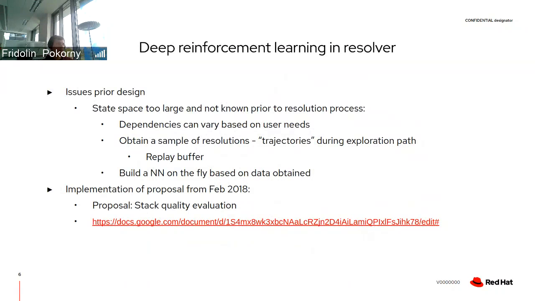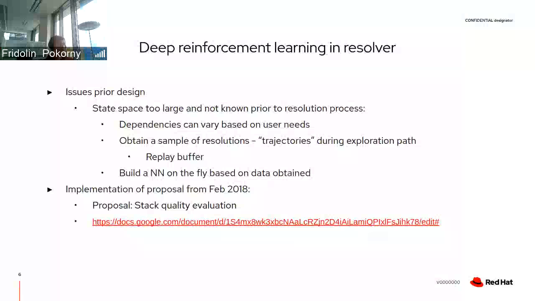And these resolutions were kept in a replay buffer that was subsequently used to train a neural network. And this neural network was built during the resolution process and was basically created on the fly based on the sampled data during exploration.